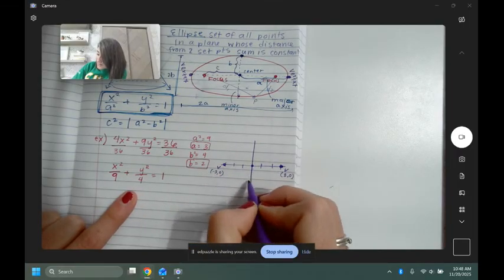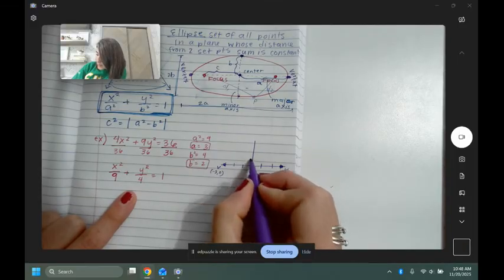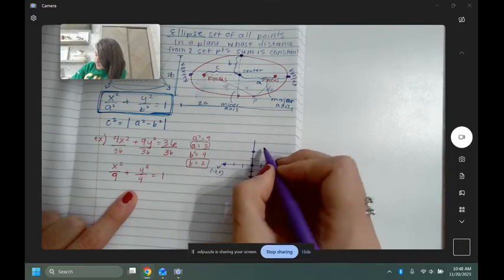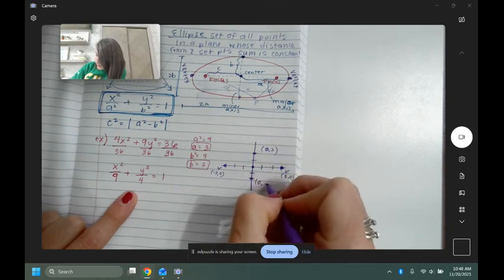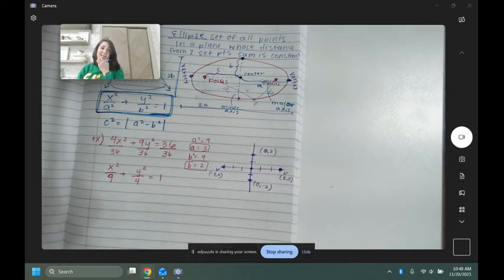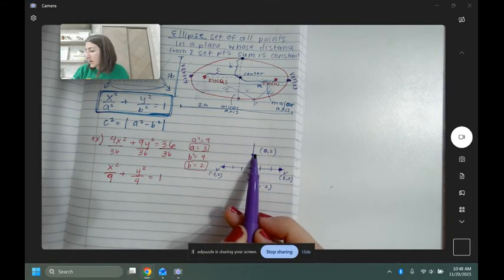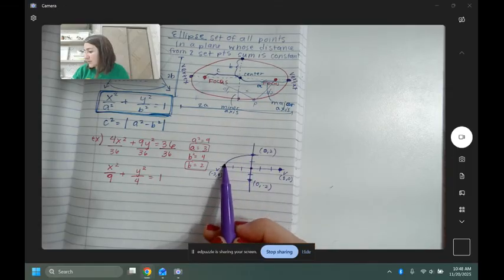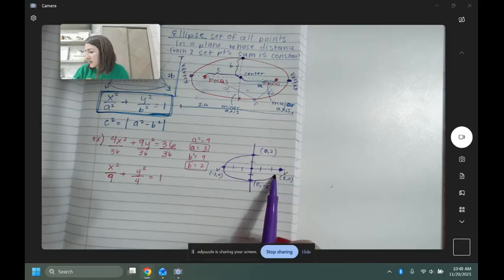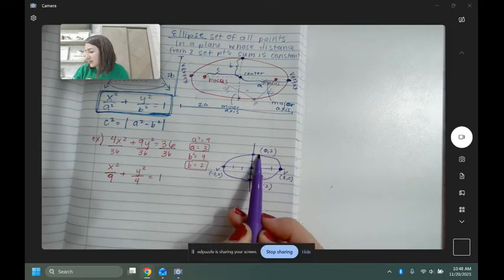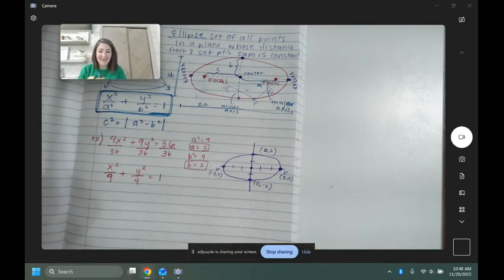B is 2, so it's going to go down 2 and up 2: 0, 2, and 0, negative 2, right? So your ellipse is like this. Careful when you're drawing it. You want to go through each of these almost in a straight line. Ooh, okay, nice little bean.